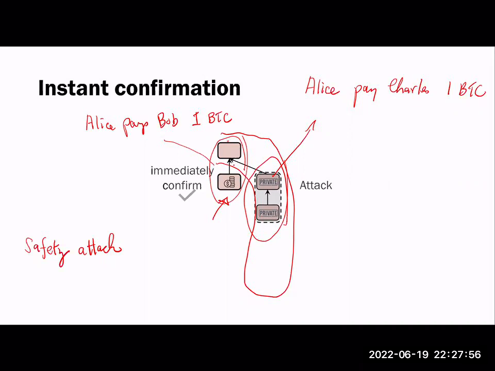So instant confirmation means you receive a block. Confirm after a few blocks, maybe, right? Actually, it's very intuitive sense, right? You don't confirm immediately. Let's see if there are a few more blocks after this block first, and then confirm. Let's see if it works.